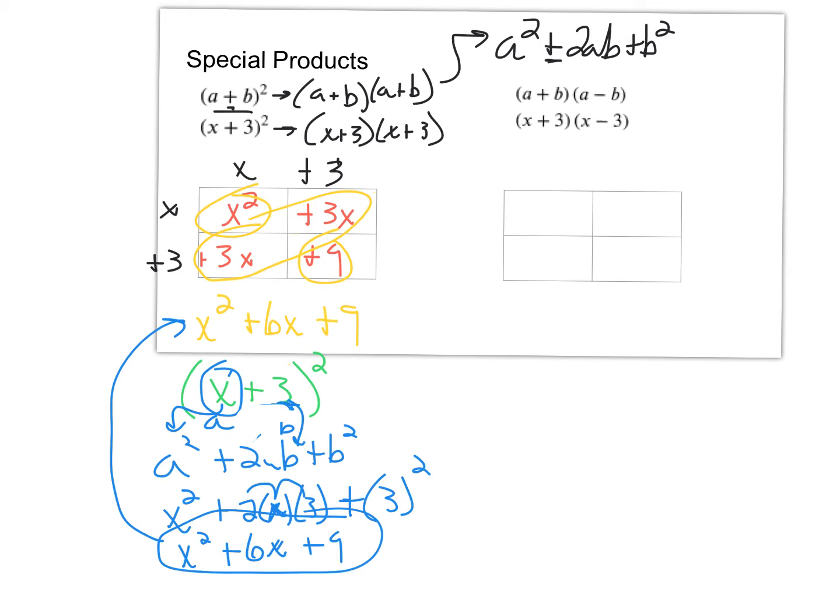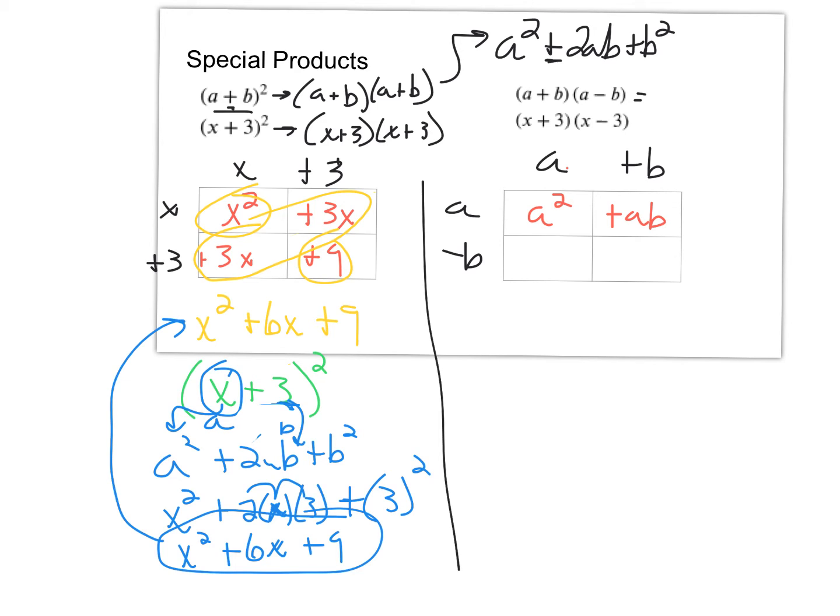Okay, so there's that explanation. All right, now let's go to the other side. Okay, so we'll derive our special formula for this. So if we're doing our a plus b, a minus b, okay, so a times a is a squared. A times b, ab.